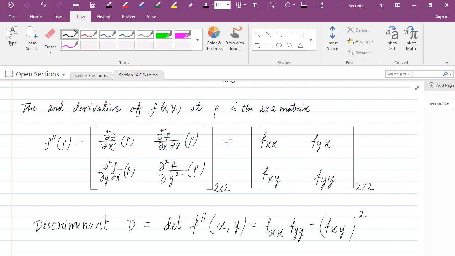Now, if I want, I can emphasize that I'm evaluating them at P, because that's where I'm evaluating the second derivative. Recall that the mixed partials here, fyx and fxy, are equal under a continuity assumption.